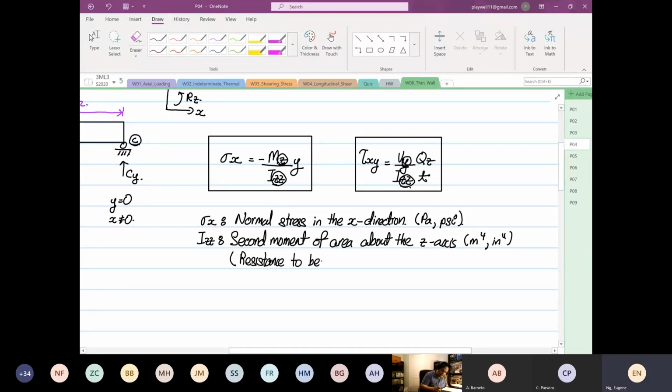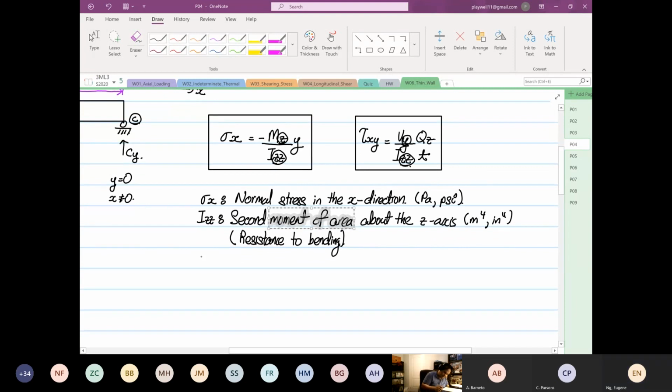And then Mz is the applied moment about the Z direction. So the unit is in Newton meter or pound inch, so I'm writing both for you.